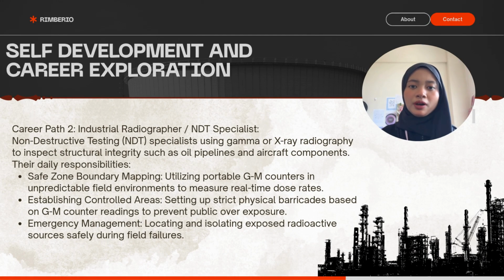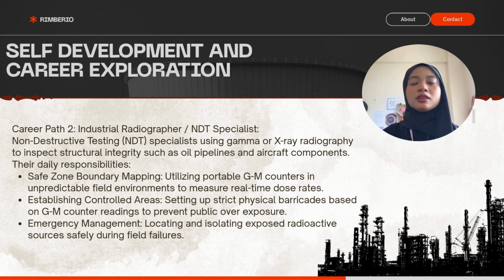Next, the second career path is an industrial radiographer or non-destructive testing specialist, which we call an NDT specialist. These specialists use high-penetration gamma or X-ray radiography to inspect structural welds in aircraft hulls or oil pipelines.